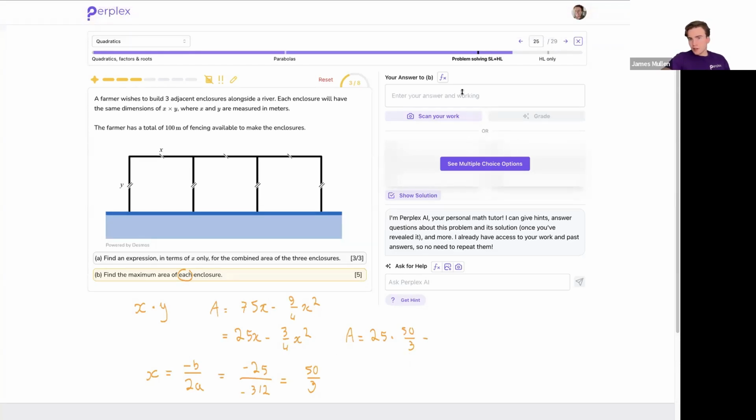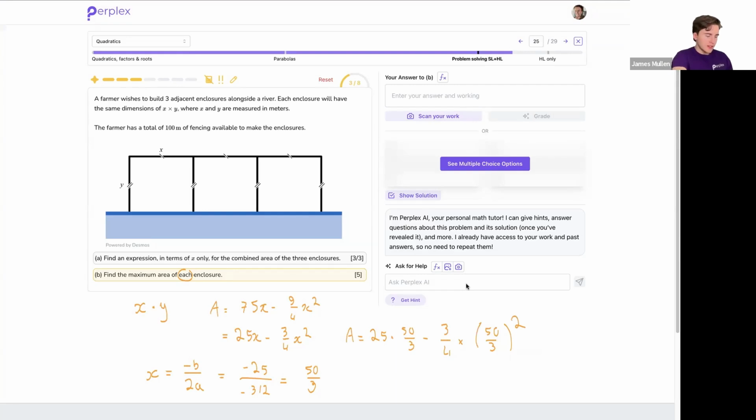Let's put that up here. So I'm going to subtract out 3 over 4 x squared. So 3 over 4 times 50 over 3 all squared.